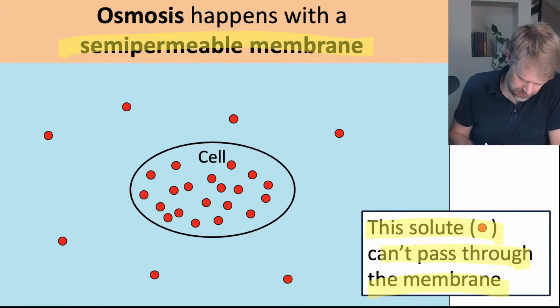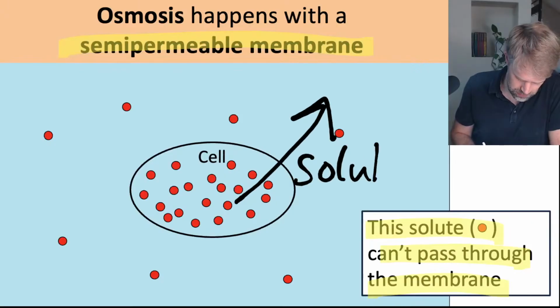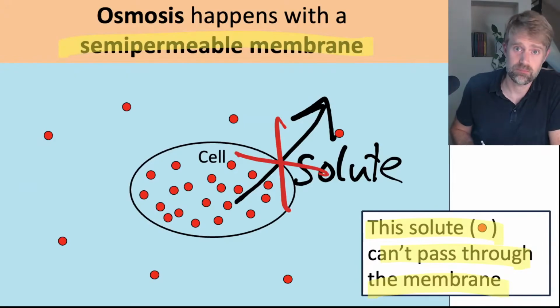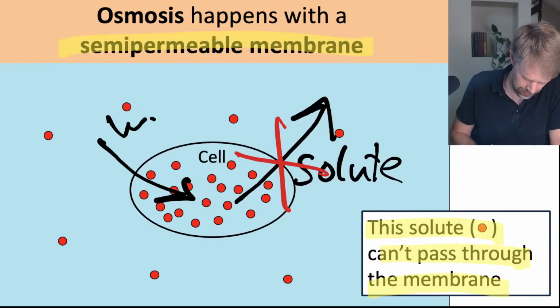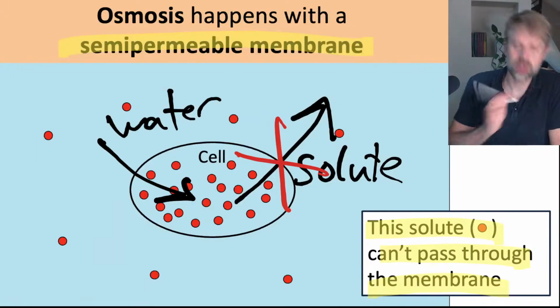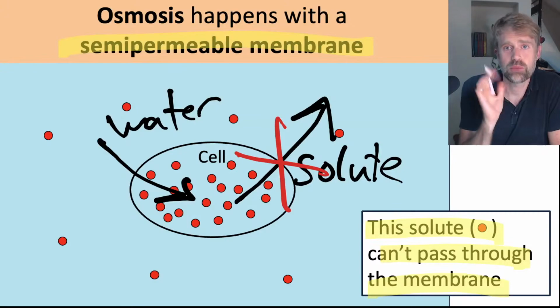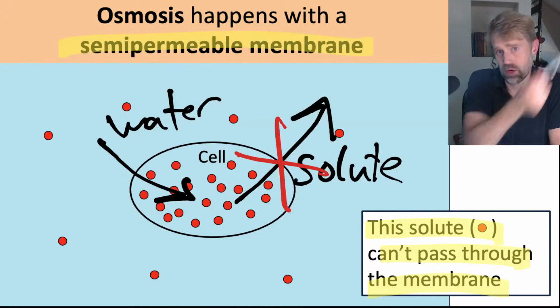Osmosis happens because the solute wants to come out, but it can't because it can't pass through the membrane. So instead, water moves the other way. Solute wants to go out, but it can't pass through, so water, which can pass through the membrane, goes in.